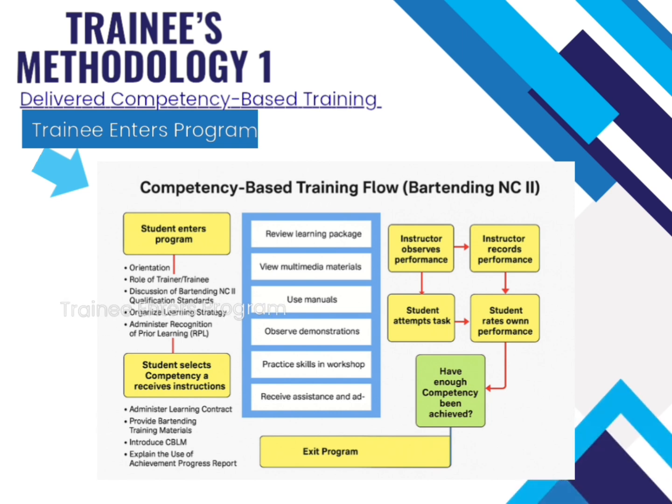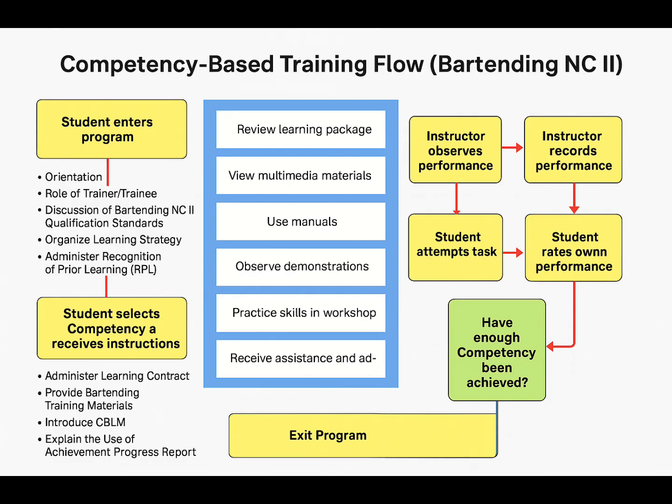We will also introduce the competencies-based learning materials or CBLM, which contain step-by-step lessons and activities to help you master each bartending competency. And finally, we will explain the use of Achievement Progress Report, which helps track your learning progress and record the competencies you have successfully achieved.